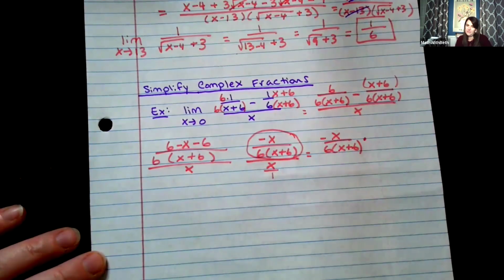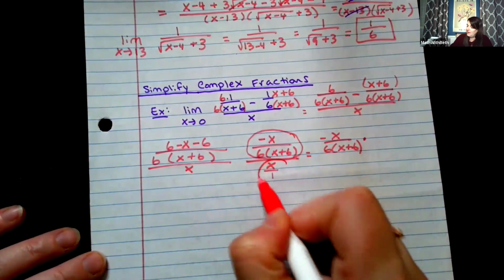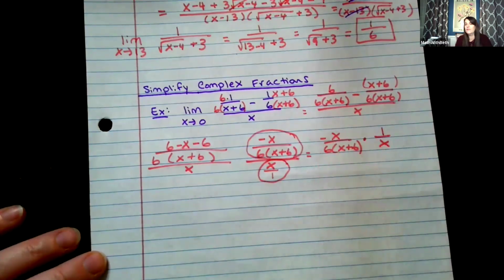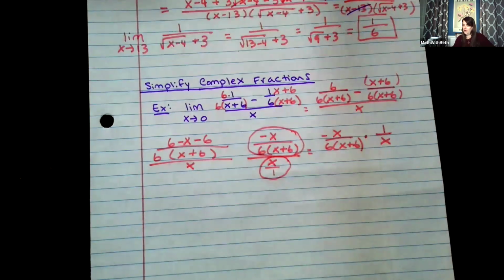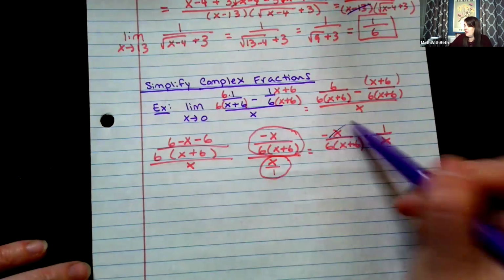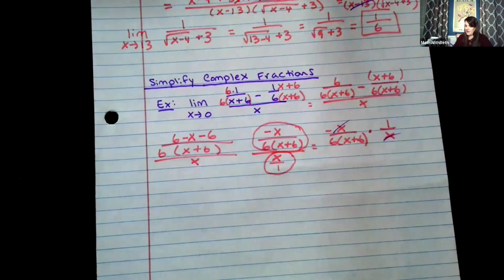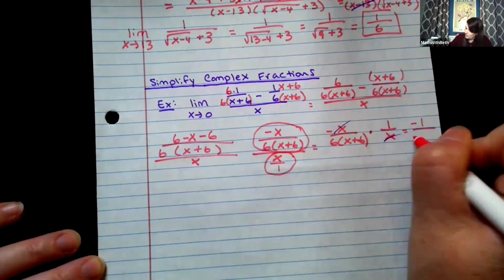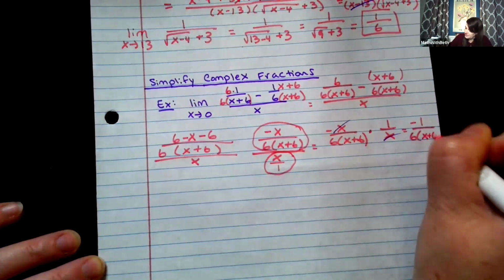So that's the change. And then we flip the bottom fraction. So instead of x over 1, it turns into 1 over x. So now these x's cross out, and we have negative 1 over 6 times x plus 6.